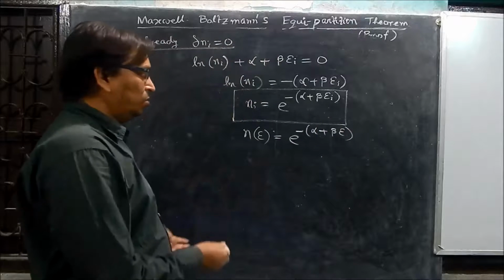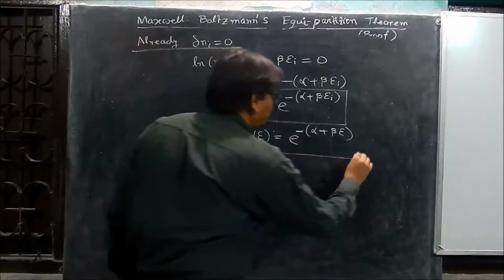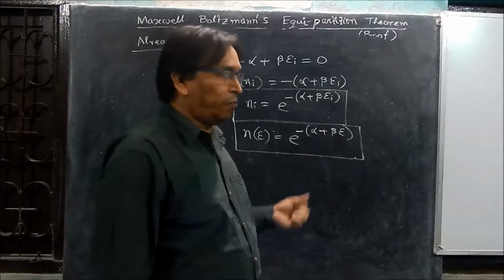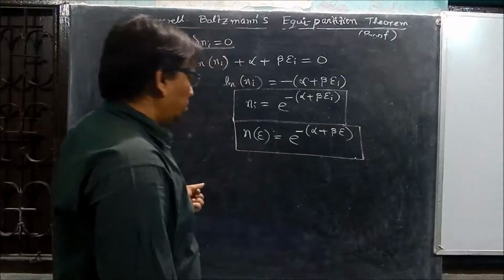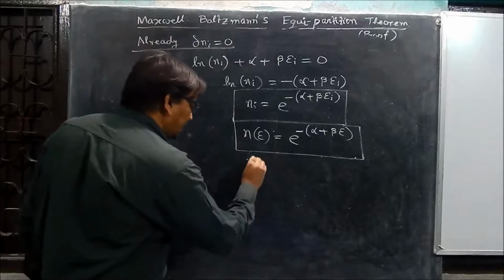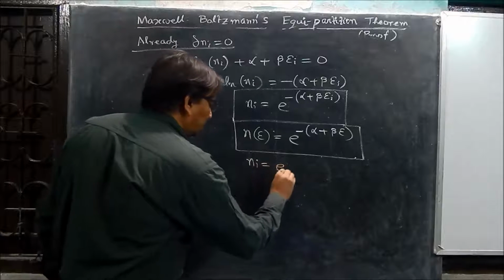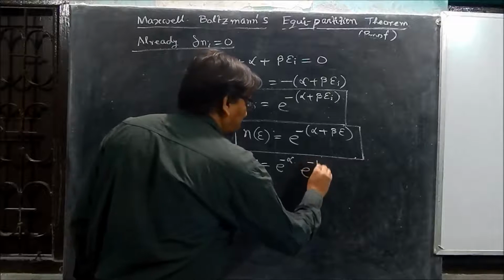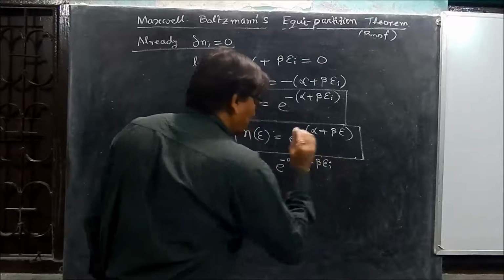This thing will be useful in our next class when we find the value of alpha and beta. But what Boltzmann actually did is this: he said that ni is equal to e to the power minus alpha, and also e to the power minus this thing.